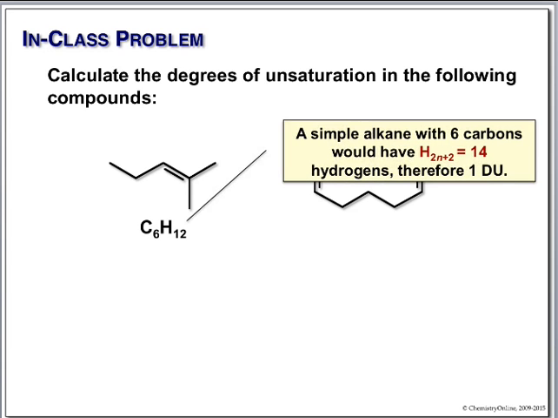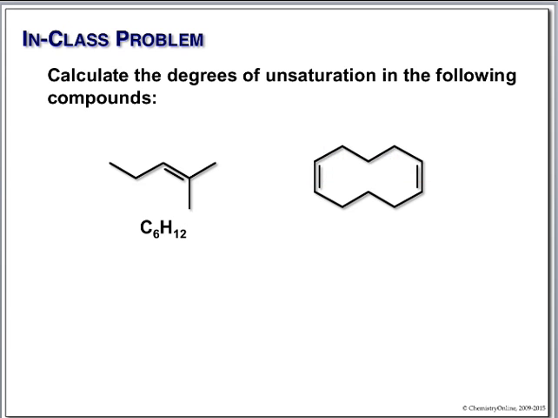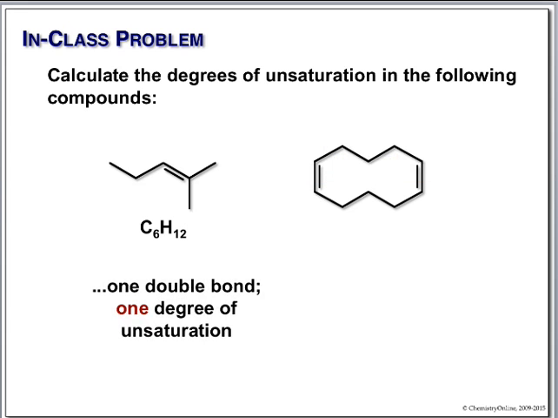C6H12. If this was an alkane, it would be 14. So we say this has 1 degree of unsaturation. You could also just look at the molecule and say to yourself, 1 double bond, 1 DU.